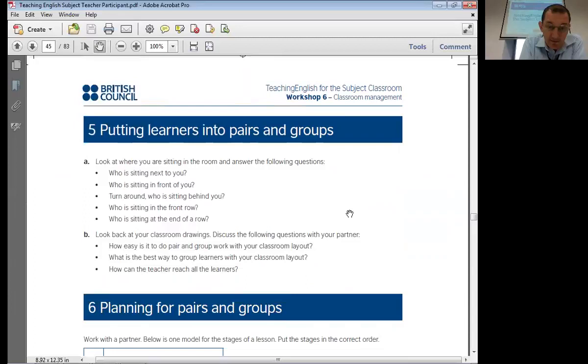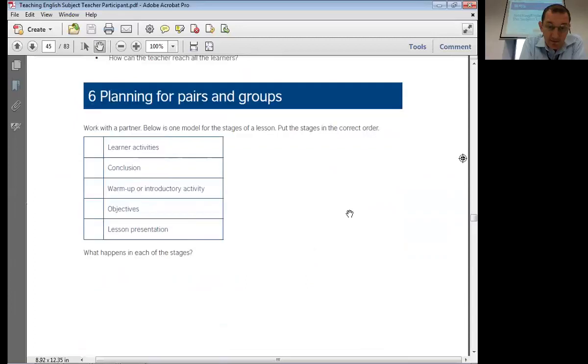They do the same. So you can do that a couple of times, just for fun and energizing. And then get participants to look at these questions and answer these questions individually. And then in pairs, they discuss.